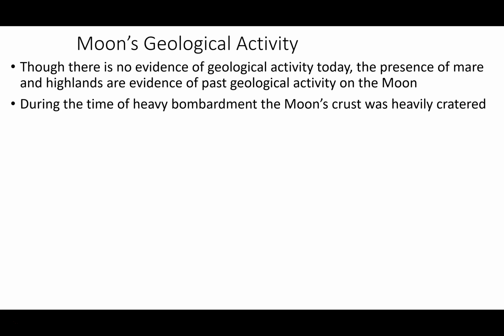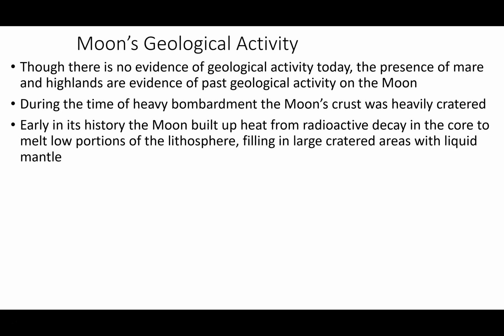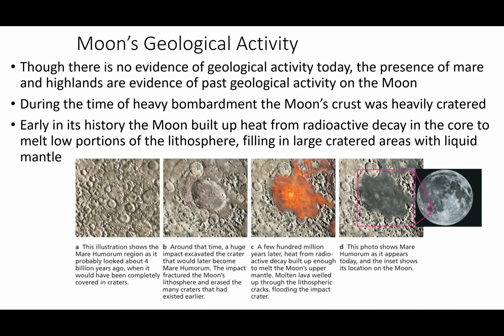So how did it get its craters? The time of heavy bombardment. Basically, there was extra stuff in the solar system that didn't become part of a planet, and it made those craters. From left to right, actually, all of these craters. This looks like the backside of the moon. The backside of the moon doesn't have the mare. They think the mare was formed by impacts when the moon is not ooey gooey anymore.